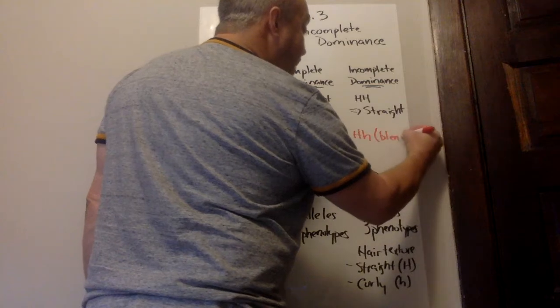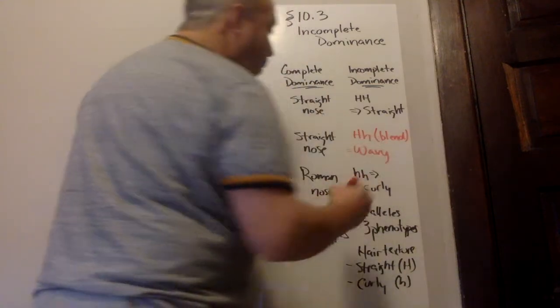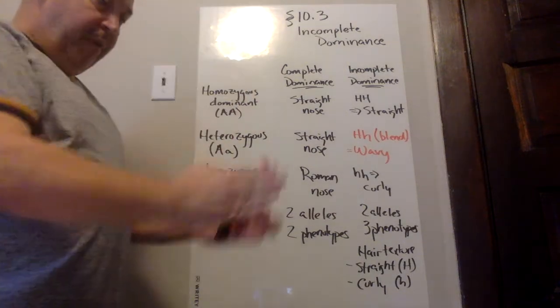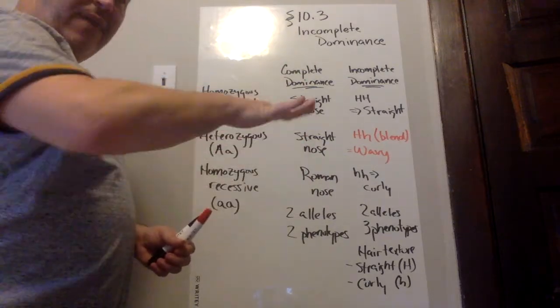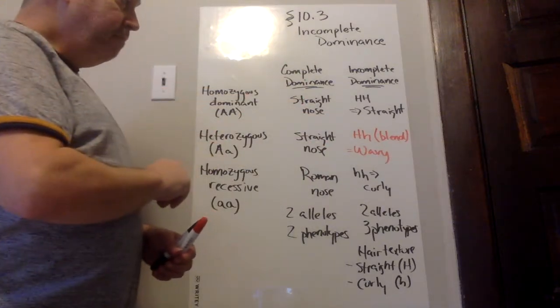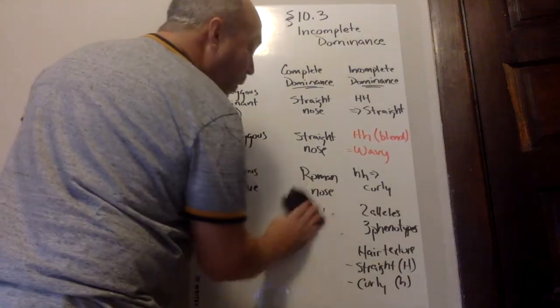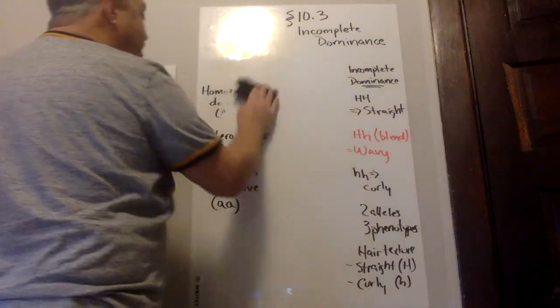It's going to be halfway between the two. This person will have wavy hair. Straight hair, perfectly straight. Curly hair really wraps around. Wavy is halfway between.